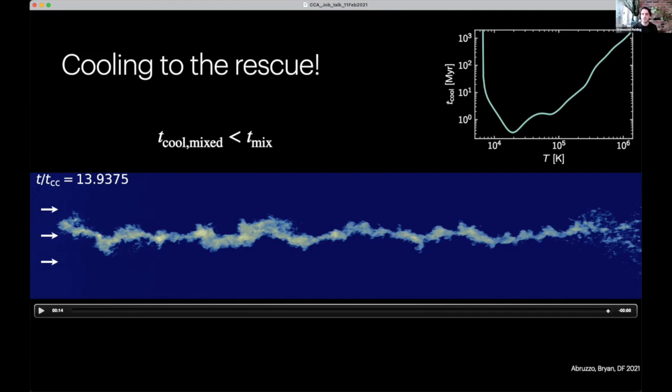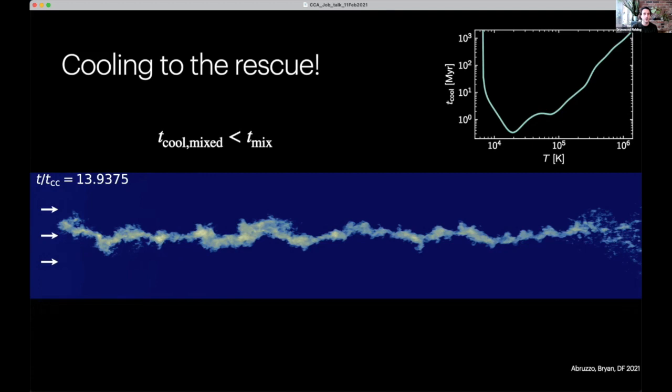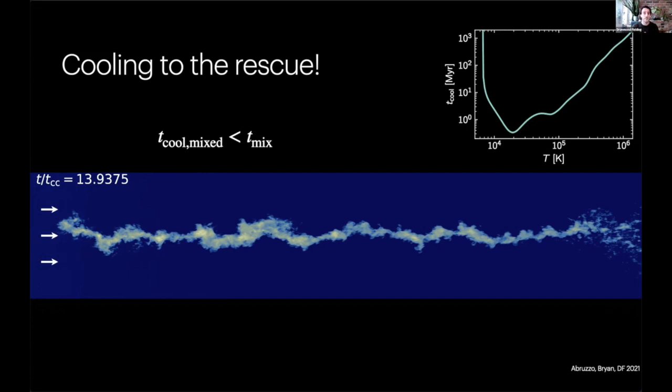This is for a pressure of 10^4 Kelvin per cc, which is appropriate for the Milky Way's ISM, which has a pressure of 10^3. M82's wind has a very high pressure, 10^6 or 10^5, something like that.